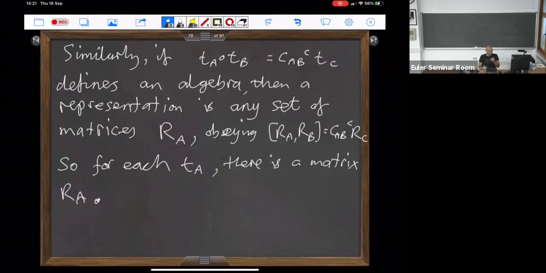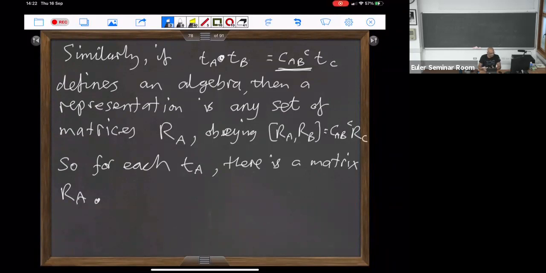From that point of view, one can think of the algebra as an abstract quantity. For a more general algebra, instead of writing commutator, we just write a composition rule. Suppose you have an algebra with a basis TA, where A goes from 1 up to any dimension D, satisfying a relation with some constants C. If you specify these C's and verify a few other properties, then these relations define some algebra.